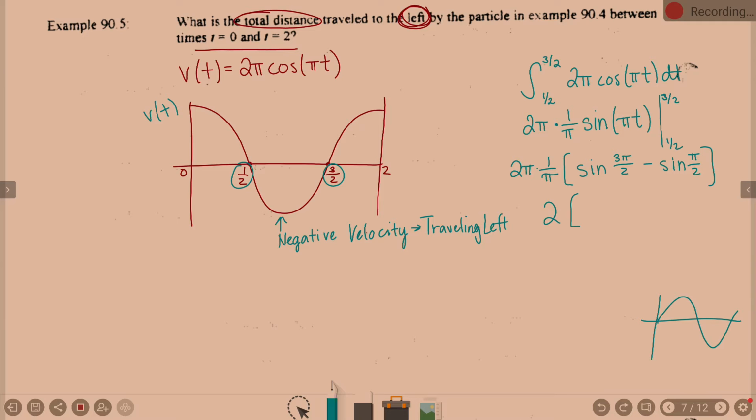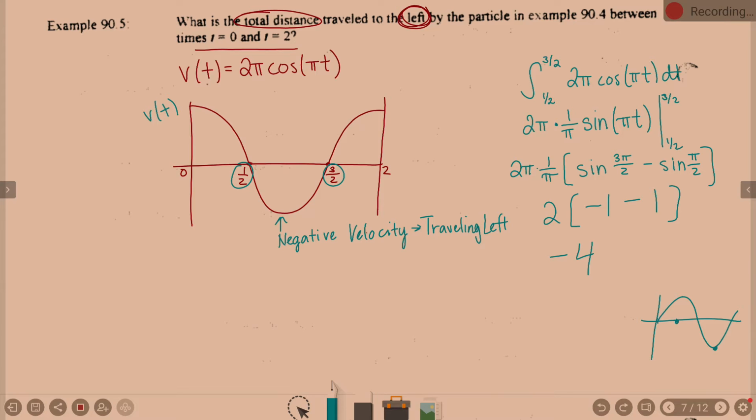Sine of 3 pi over 2 is down here, -1, minus sine of pi over 2, 1. -1 minus 1, -2, times 2, -4.